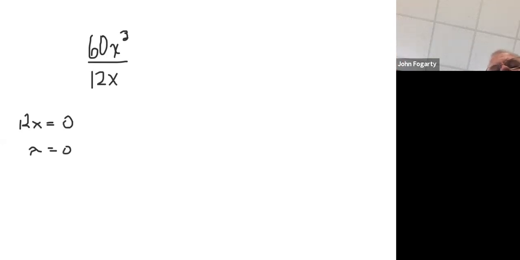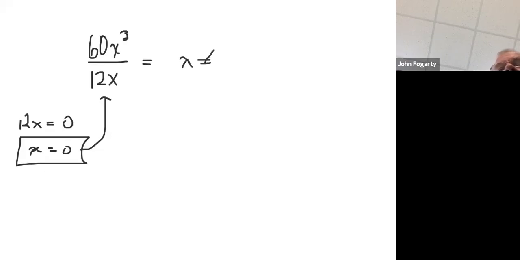Whatever that number is tells you that if x is this number, my denominator will be 0, and then that will be undefined. We can't have that. So in this problem, we know that x cannot equal 0. It can be any other number, but it can't be 0. So that's the first thing we want to do.